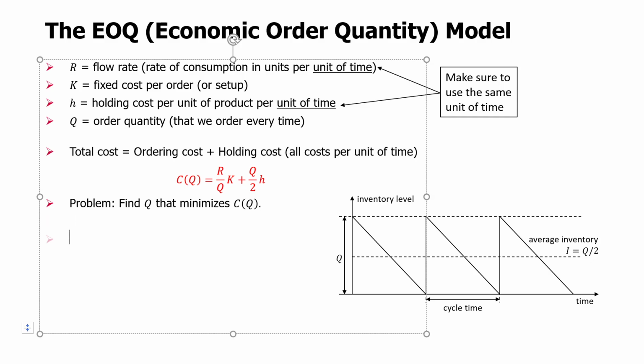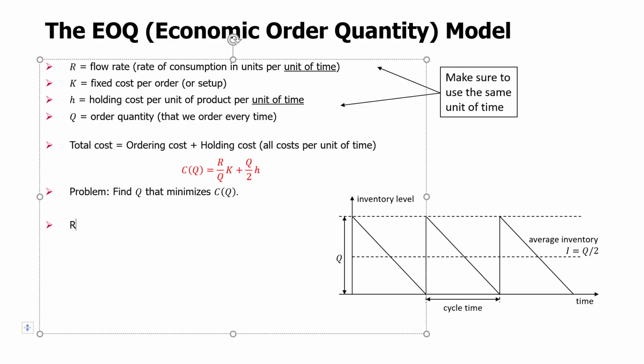You can see this very easily if you assume that the demand rate is 1,000 units per year, and let's say we order Q of 100 units. So if our order quantity is always 100 units, how many times do we have to order every year? Well, we'll order 10 times in order to have enough to satisfy the demand during the year.